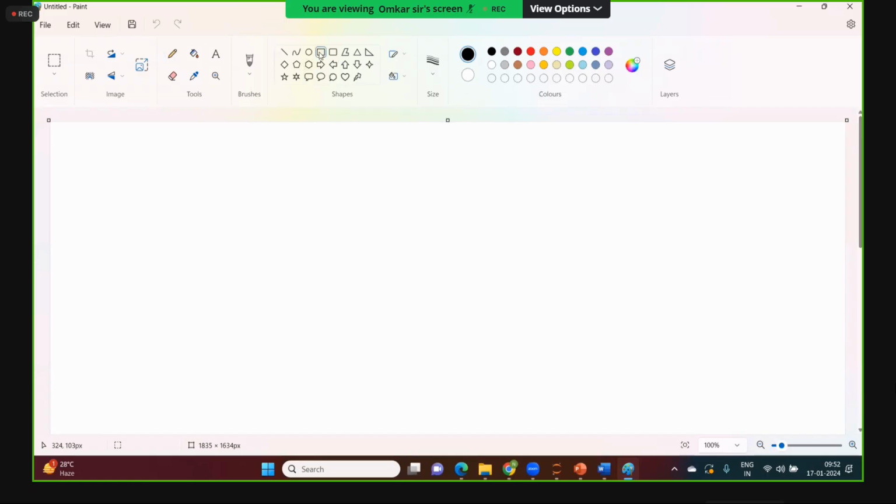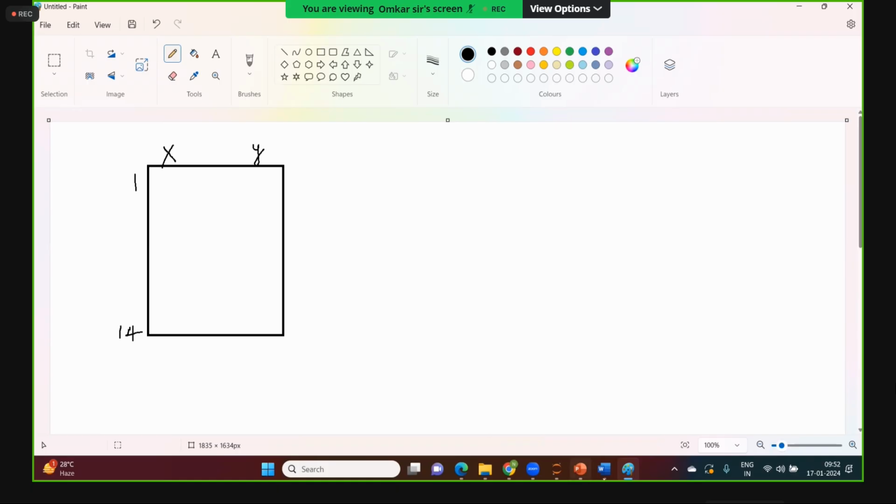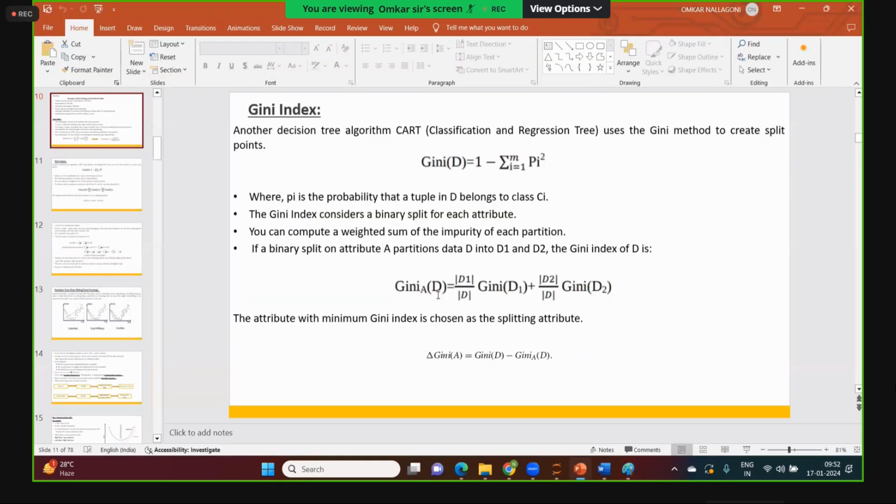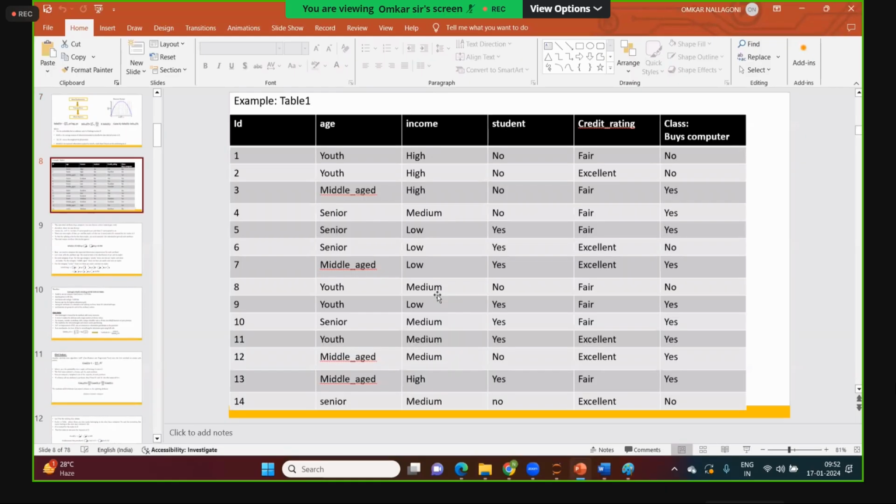Your data will be like this: some input data and an output data. That is the 1 to 14 observations, right? 1 to 14 observations, that is the original data set. Input data is there and output data is there.